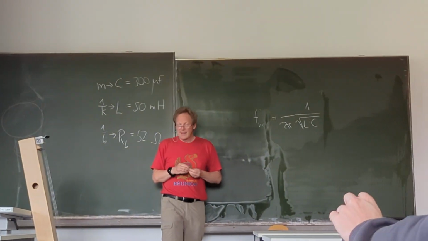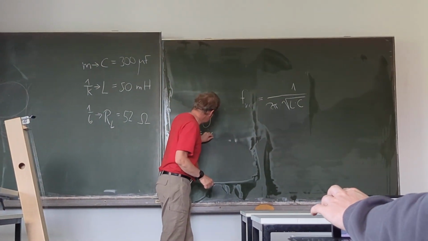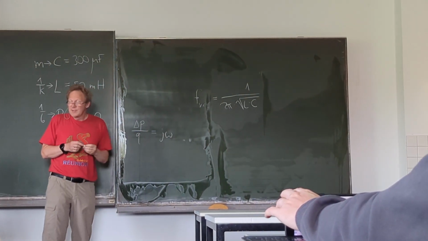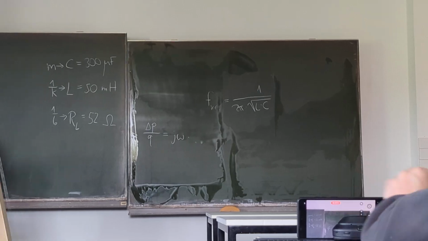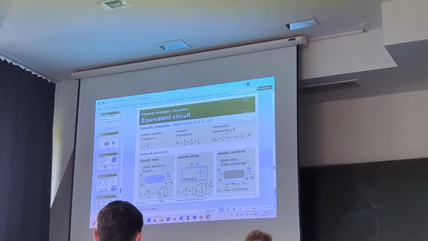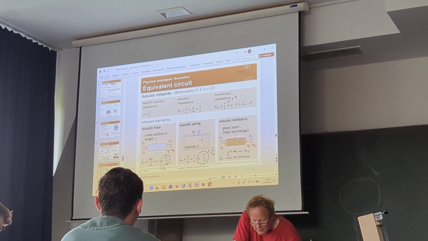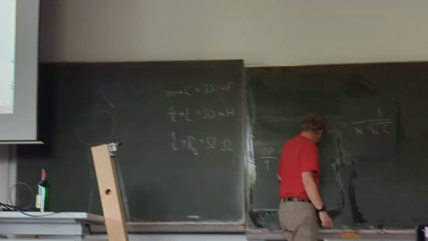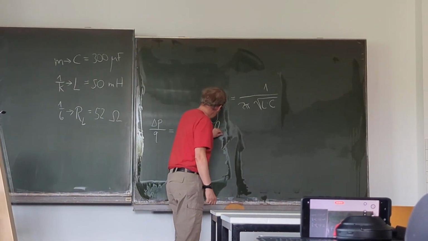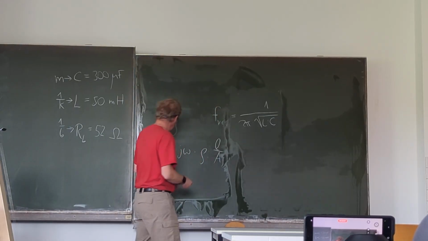We can always replace this with a j omega, so we understand there's a frequency in it. This stands for the s. And then we have rho, the density of air, times L divided by A.